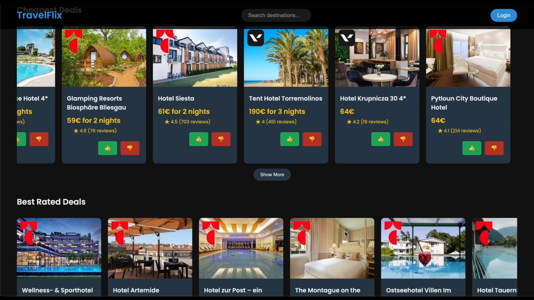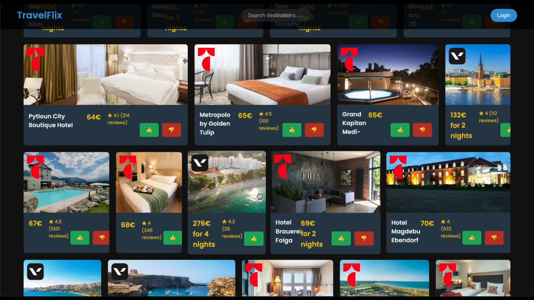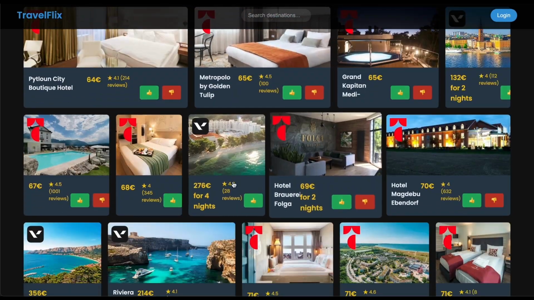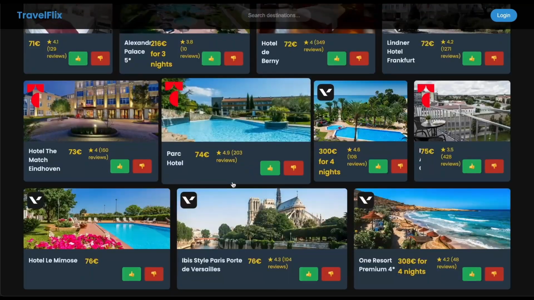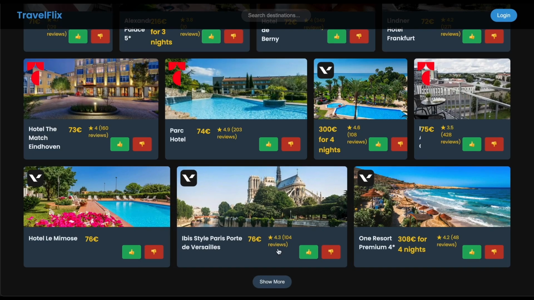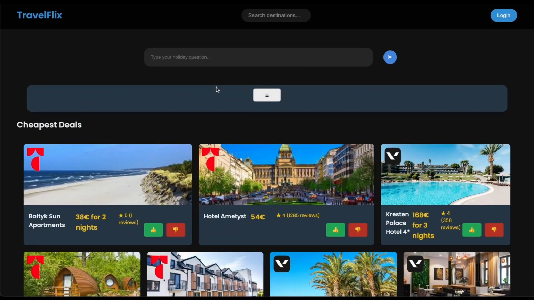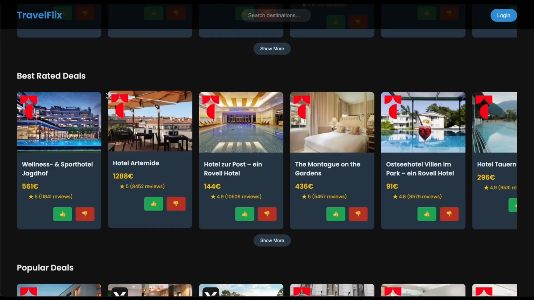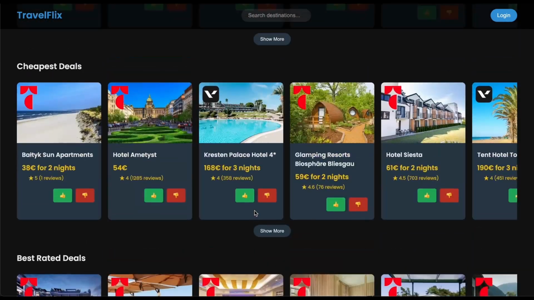Then you can also just look at more deals if you want, and you have this pattern where you can look through the cheapest hotel deals. And then there's also the best rated deals and some popular deals.